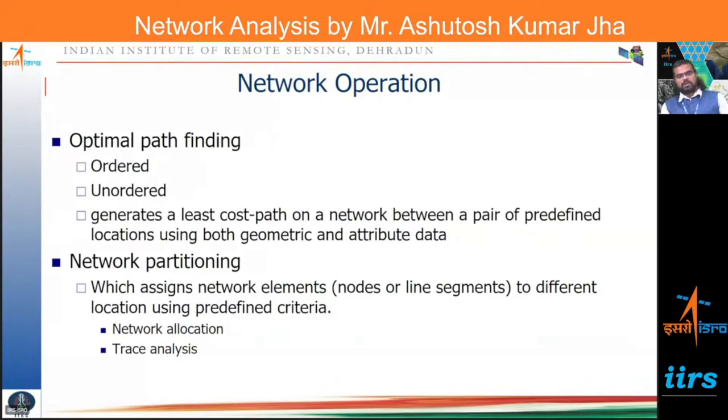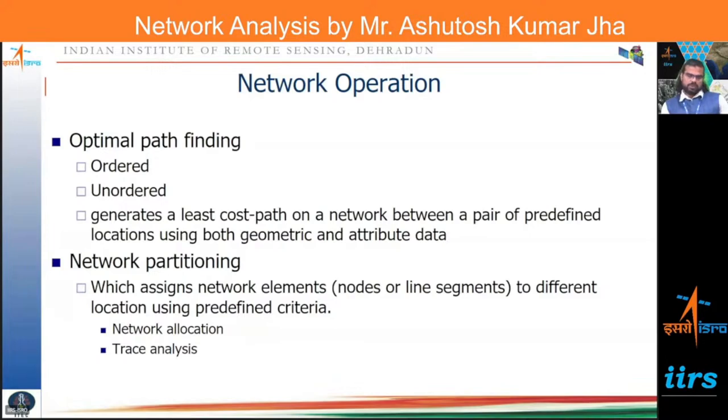Then the other part is that you break down your whole network into different compartments: the area which is covered by the analysis, and another which cannot be covered by the analysis. In such cases, the algorithm falls under network partitioning algorithms.